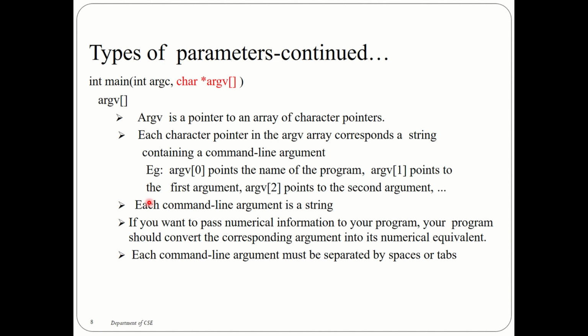Even if you give it as ./a.out 2 5, that 2 and the 5 will be taken as a string. So if you want to pass any numerical information, it is the duty of the user to convert it explicitly from string to integer. So the user has to explicitly convert; that 2 5 will be automatically taken as a string.